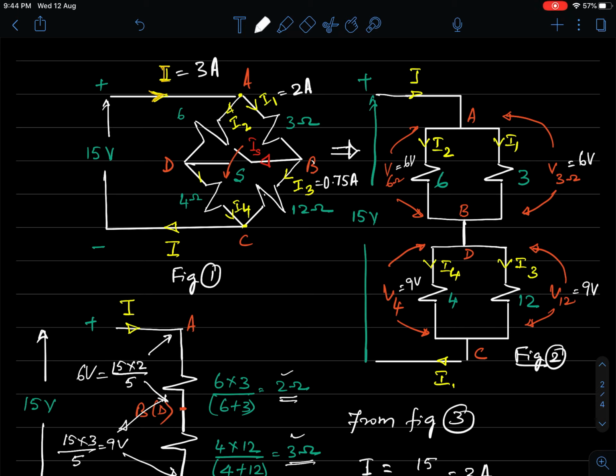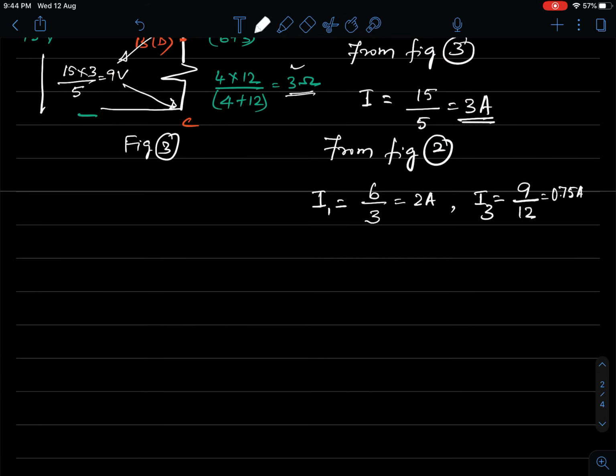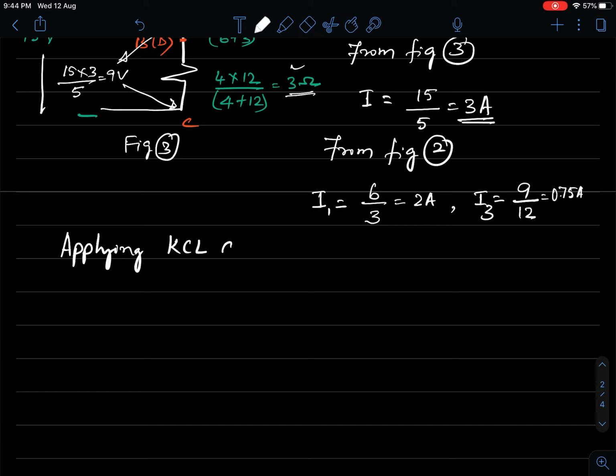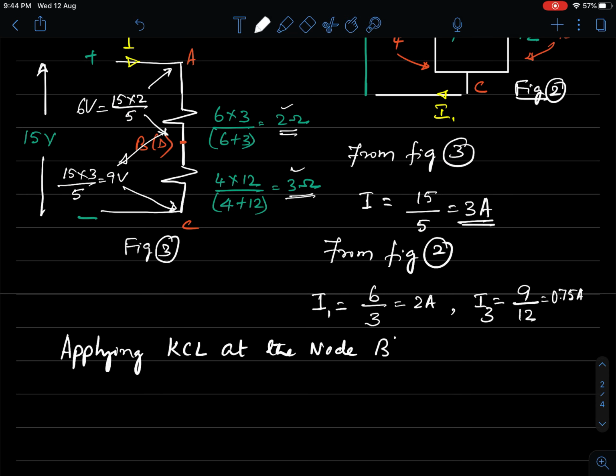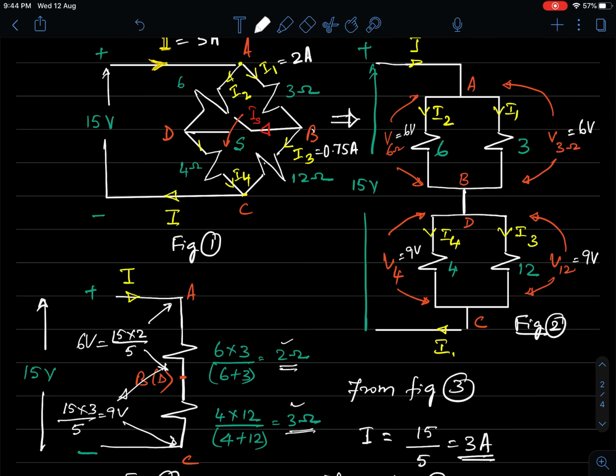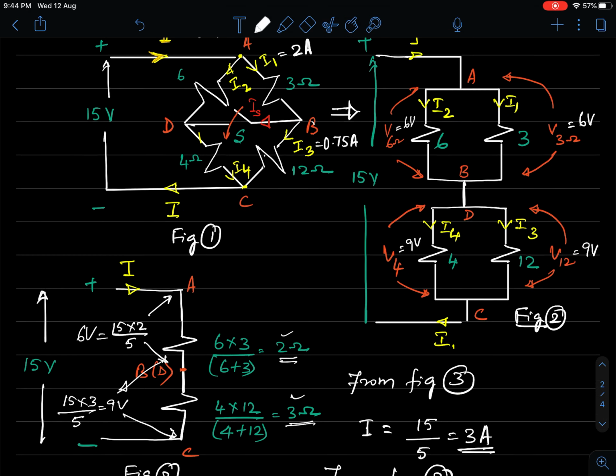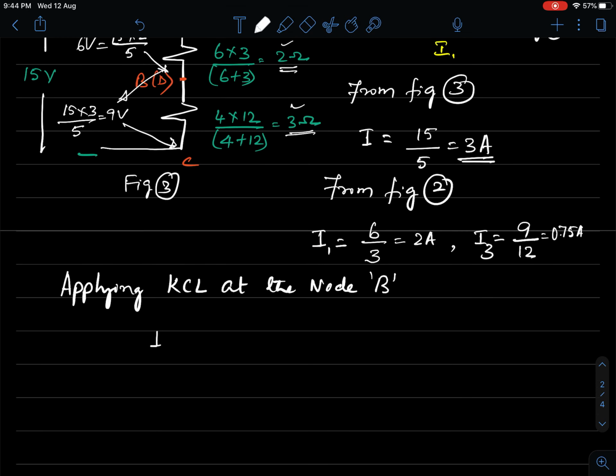We will apply Kirchhoff's current law, KCL, at node B. If I apply KCL at node B, I1 is the current entering node B. I1 equals the current through the switch, that is IS, plus the current I3.